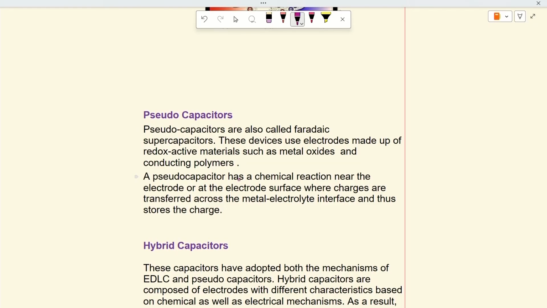They are not true capacitors because there is an electrochemical reaction taking place, and as a result it forms an electrical double layer. It is not simply due to polarization. The pseudo capacitor has a chemical reaction near the electrode or at the electrode surface, where the charges are transferred across the metal and electrolyte interface, thus forming the electrical double layer and the charge is stored.